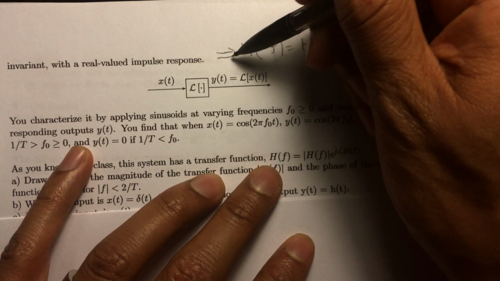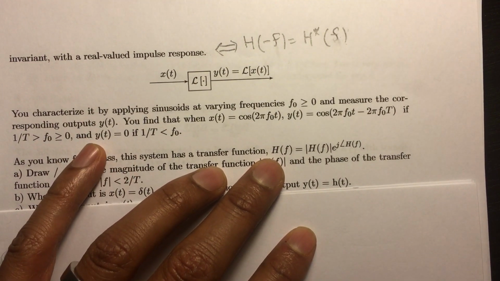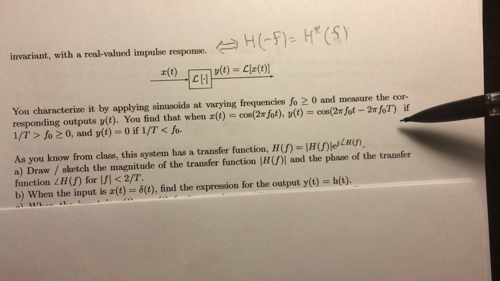So these in your mind should go hand in hand. You characterize it by applying sinusoids at varying frequencies greater than 0 and measure the corresponding outputs. You find that when x of t is given by cosine 2 pi f naught t, so it's a cosine with frequency f naught, that y of t has this form.